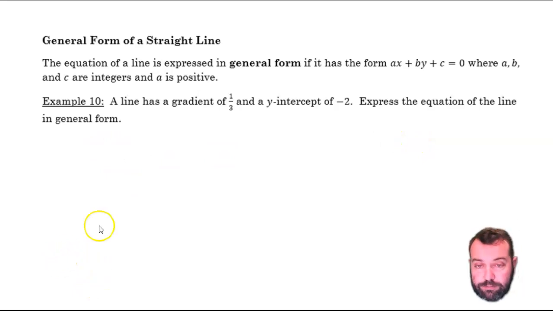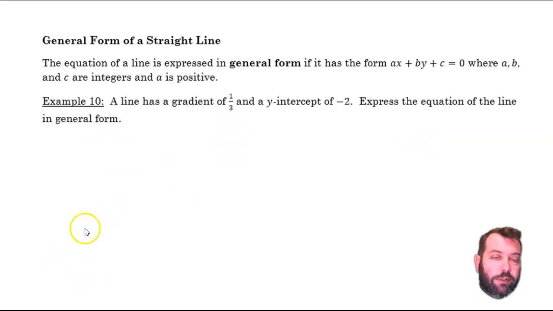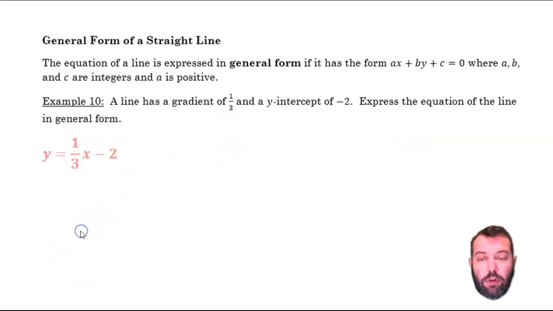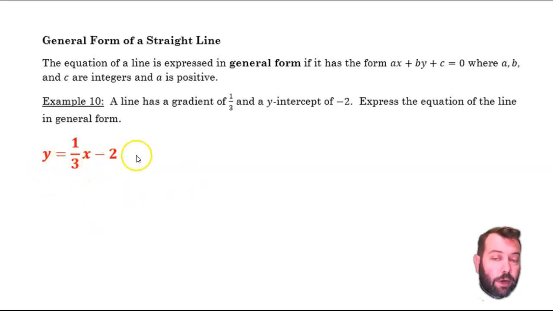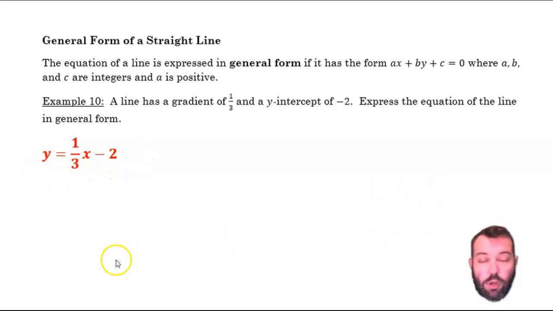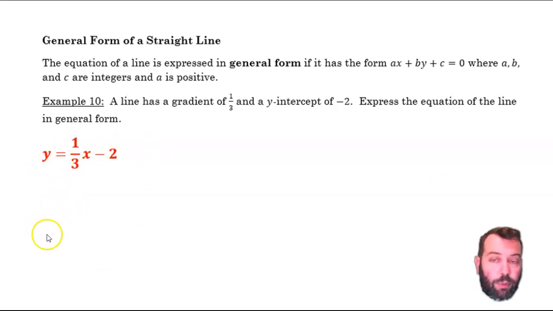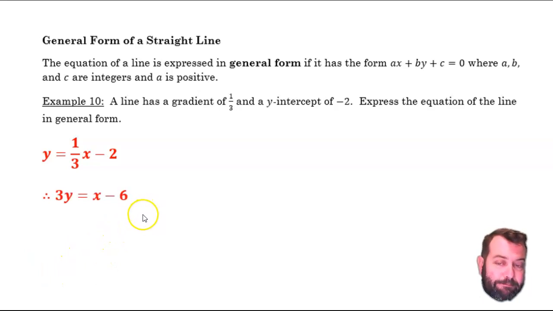And here's an example. A line has a gradient of a third and a y-intercept of -2. That means we could write it in gradient-intercept form very simply: y equals 1/3 x minus 2. That's not what we're asked for. That is the equation of the line, but we want it in general form. We're going to begin by making all of these integers. Multiply everything by 3 and we get 3y equals x minus 6.